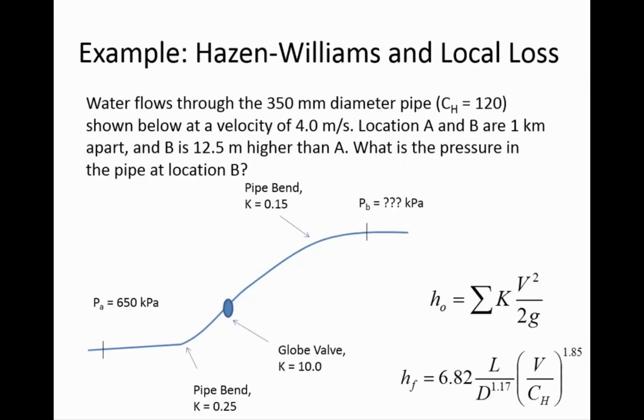All right, just to finish things up today, we're going to work an example where you're going to be combining the Hazen-Williams equation with these ideas of local losses. Now remember that the total energy loss that we put into the energy equation takes into account both friction losses and local losses.